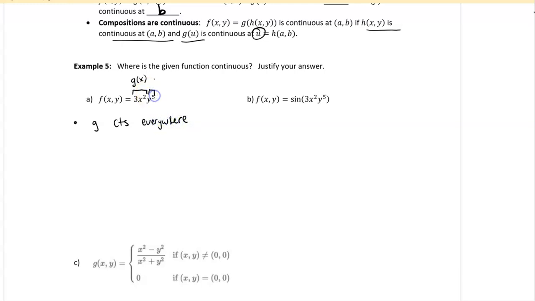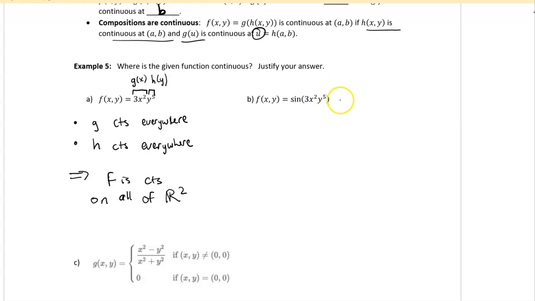We have a function h, y to the fifth, also a polynomial, so we know h is continuous everywhere. And because f is a product of two continuous functions, then f is continuous on all of R squared. Remember, we're doing things in (a, b) now. So it's not just all real numbers, it's all pairs of real numbers.